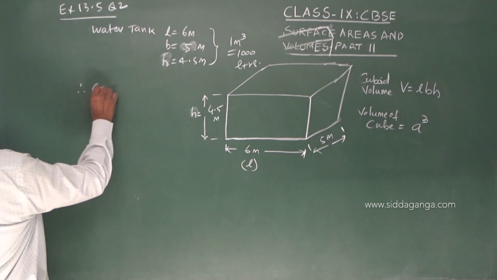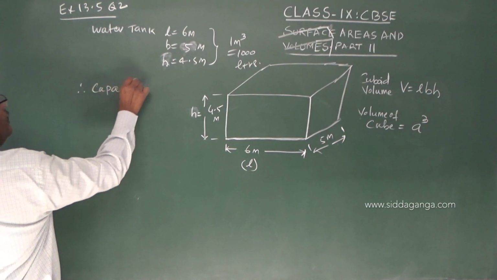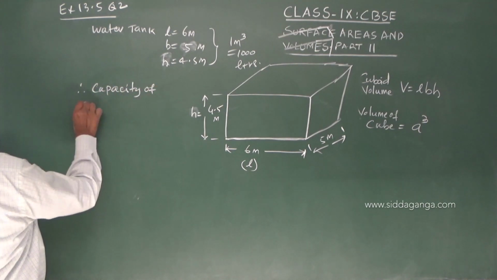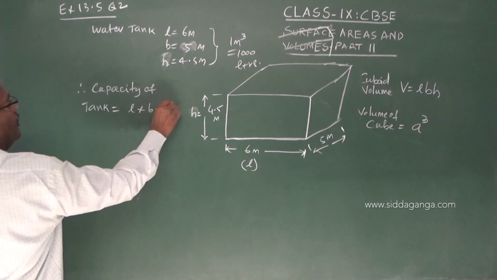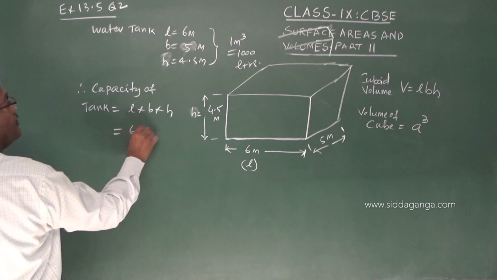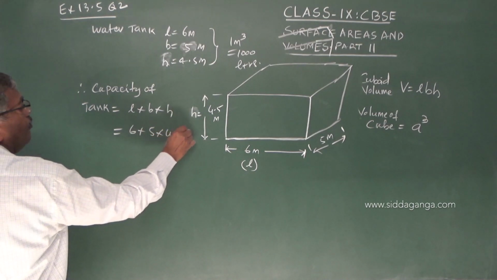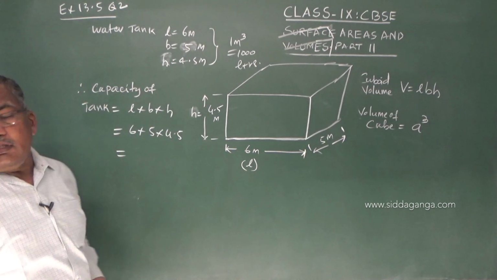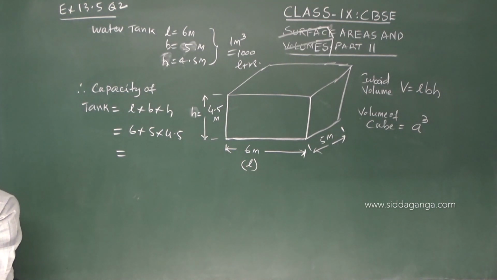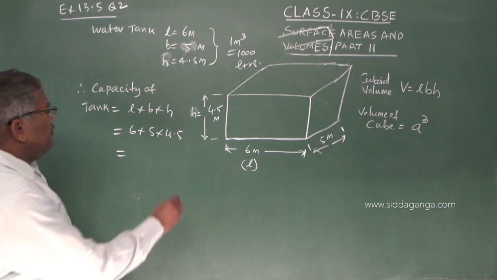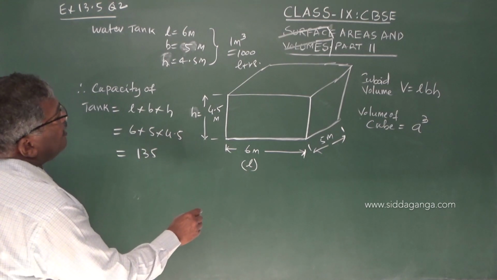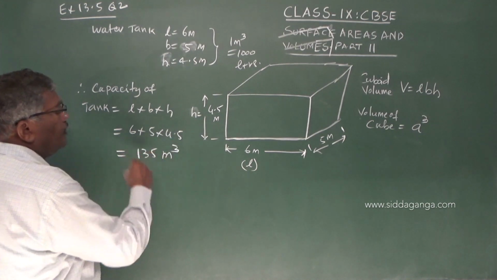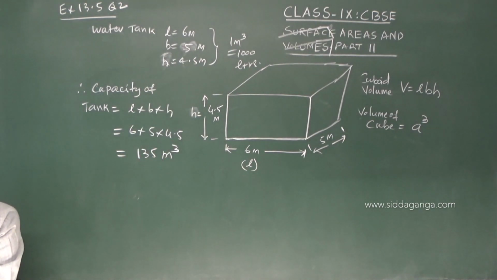So capacity of tank equals length into breadth into height, it is 6 into 5 into 4.5. So 135 meter cube.